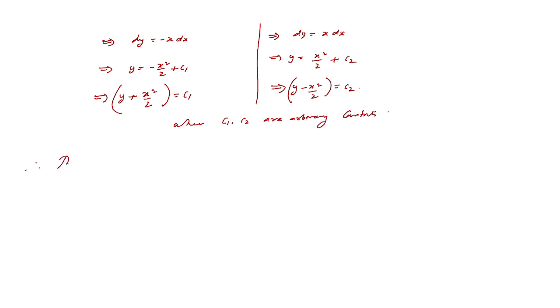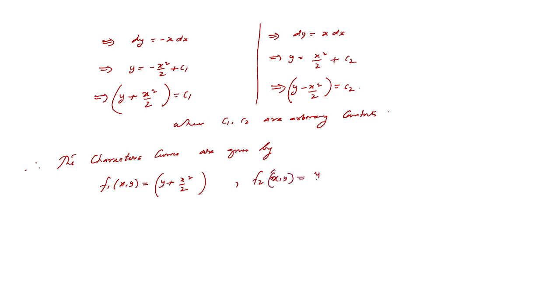So therefore the characteristic curves are given by: one is f1(x,y) equals y plus x square by 2, and another is f2(x,y), which is basically y minus x square by 2.